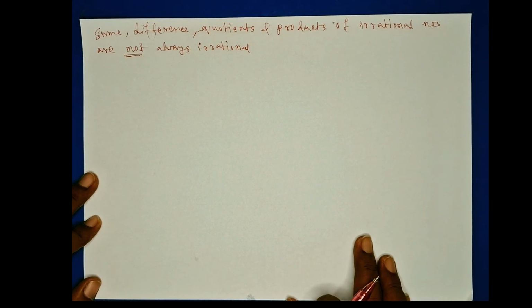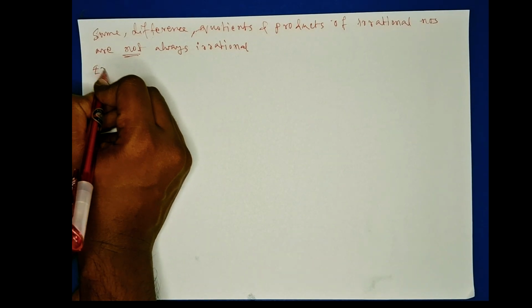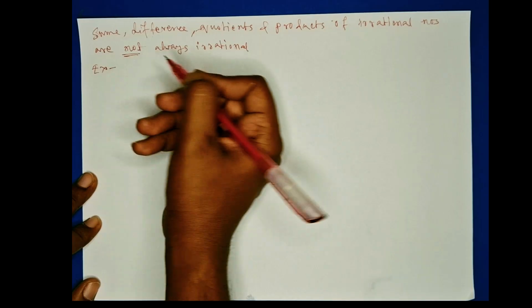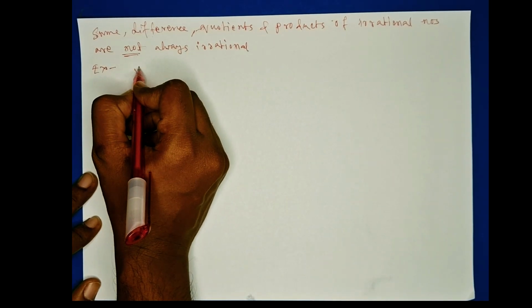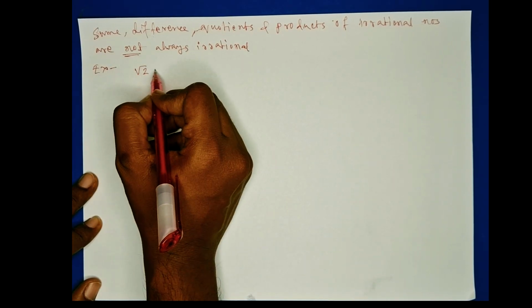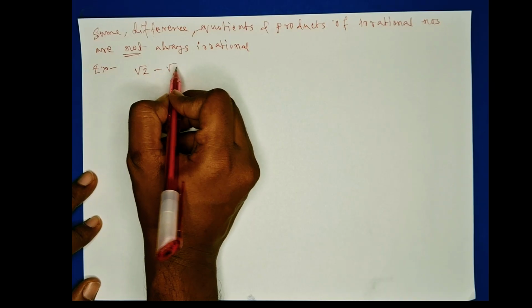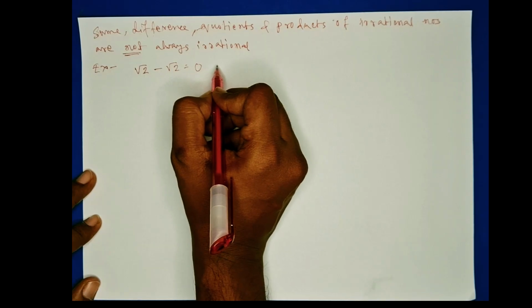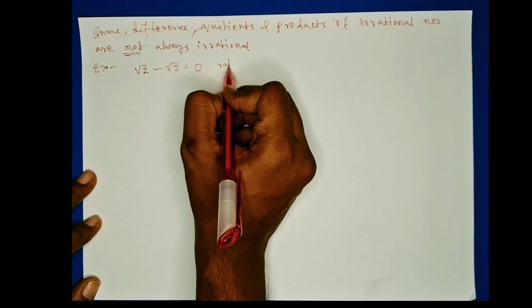This may be rational. How can I get a rational number? Like if I subtract root 2 from root 2, I get 0. So this is not irrational, this is rational.